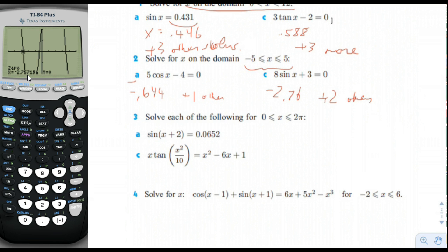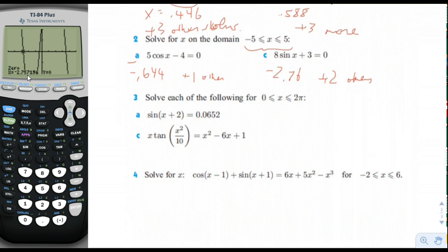Okay. Number 3. Solve each of the following for the domain 0 to 2 pi. Sine of x plus 2 equals 0.0652.